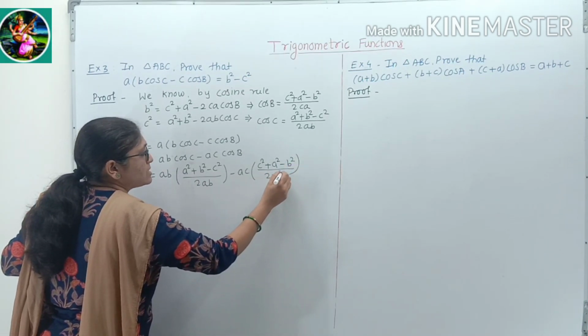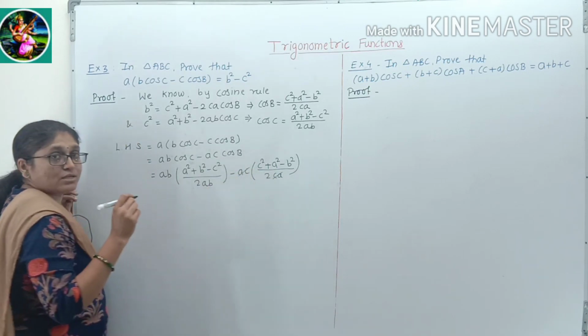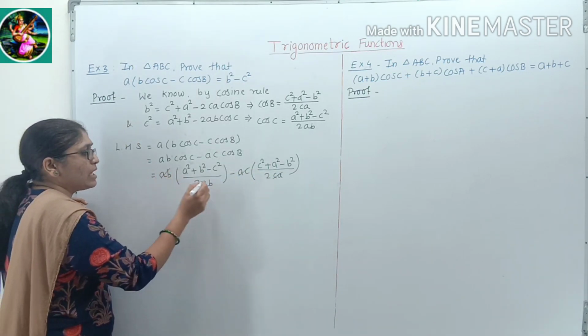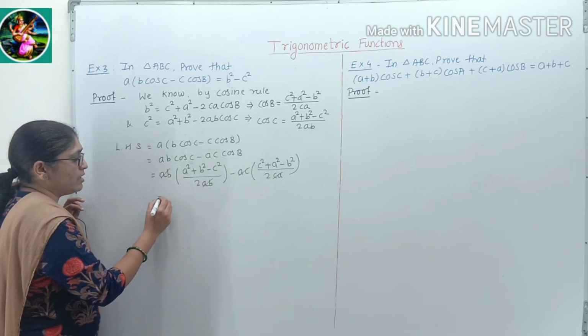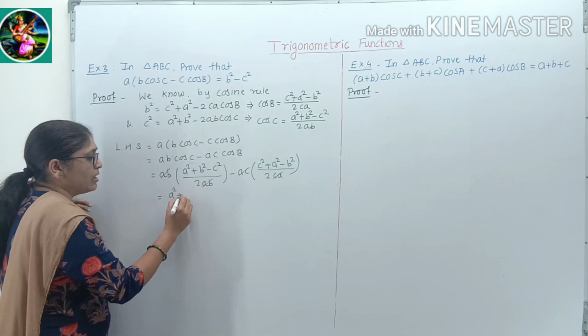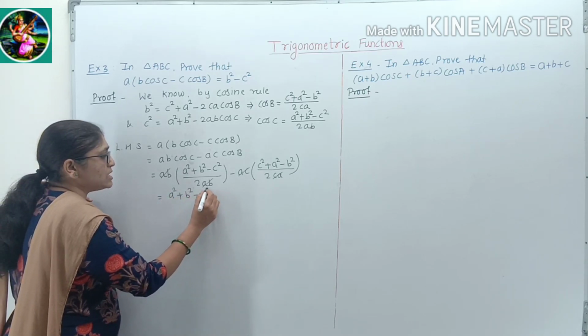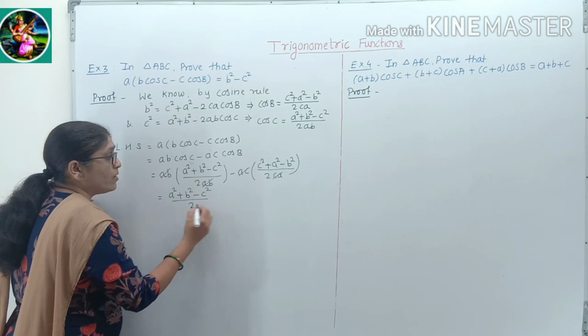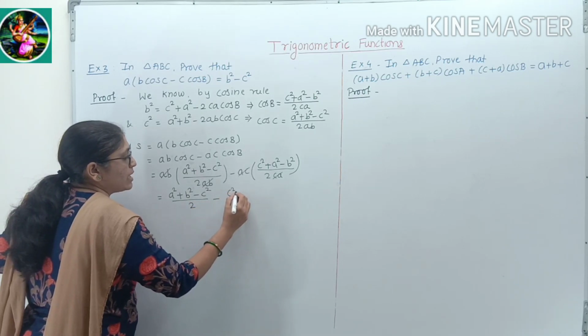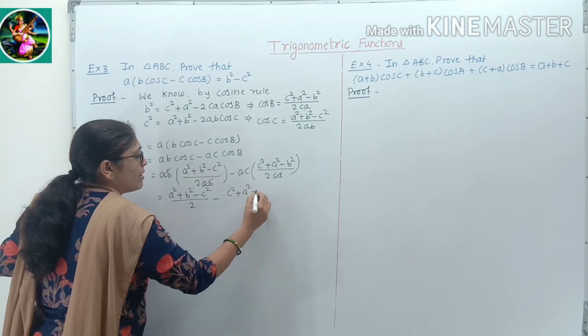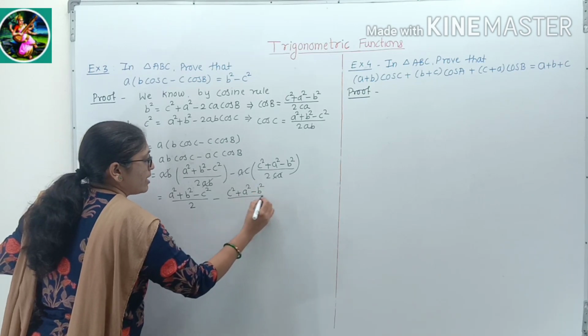Here ac cancels with ac, and ab cancels with ab. Remaining is a square plus b square minus c square divided by 2, minus c square plus a square minus b square divided by 2.